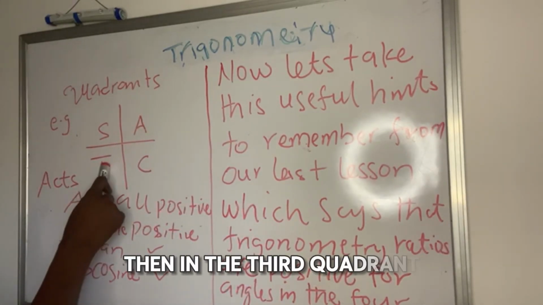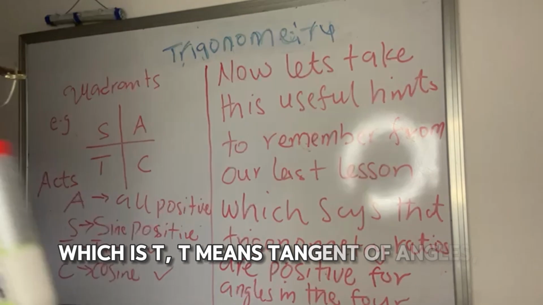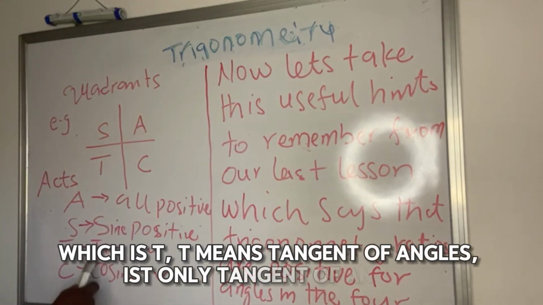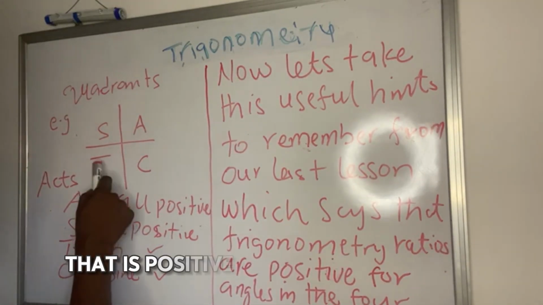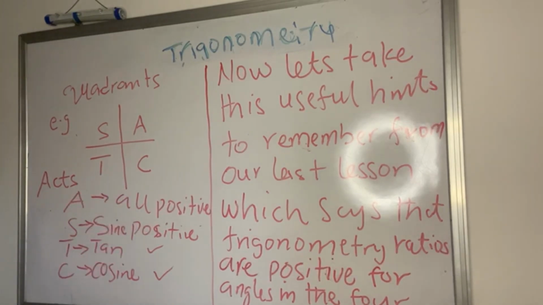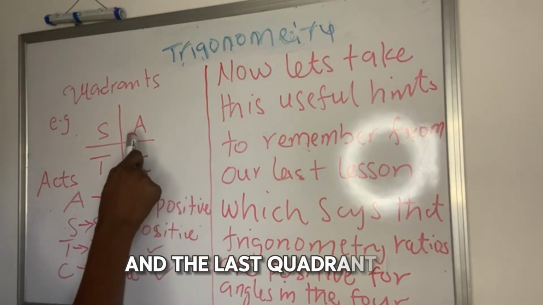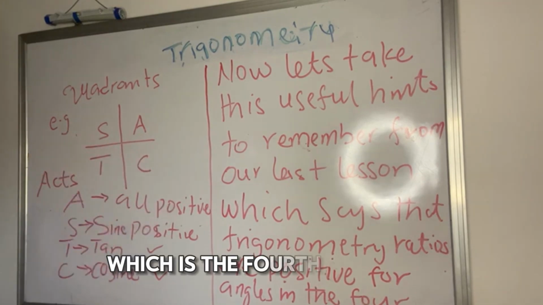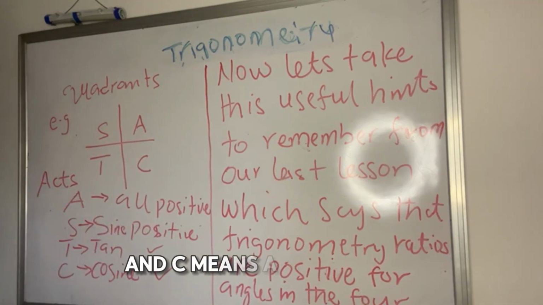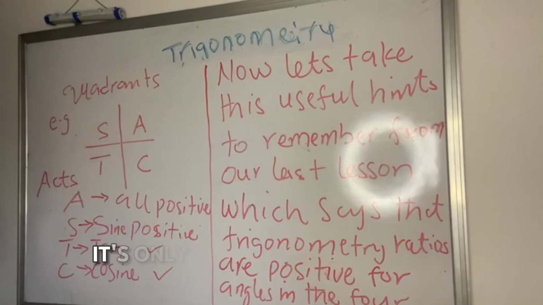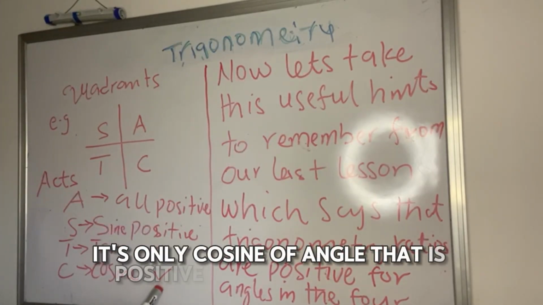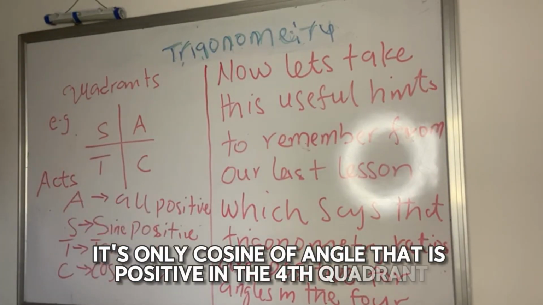Then in the third quadrant, which is T, T means tangent. It's only tangent of angles that is positive in the third quadrant. And the last quadrant is C, which is the fourth quadrant. And the C means what? Cosine. It's only cosine of angles that is positive in the fourth quadrant.